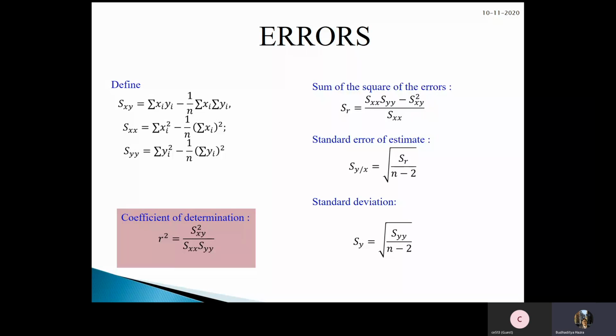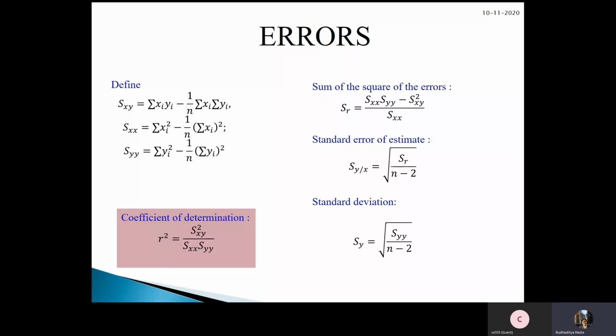Of utmost importance is the coefficient of determination, which is given by s square xy divided by sxx syy. As you can see, this almost mimics the correlation coefficient, right? But why don't we use the word correlation coefficient? Simply because we want to apply this concept to nonlinear models as well.